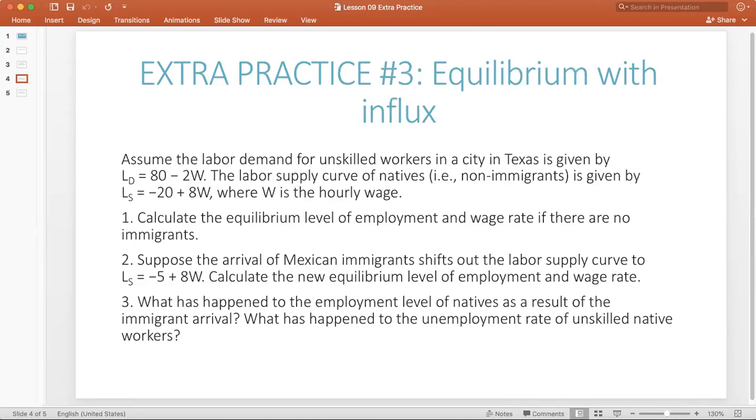So back to equilibrium. We haven't done this in a while, but hopefully you haven't forgotten it too much. So they gave us labor demand as 80 minus 2W, labor supply as negative 20 plus 8W.